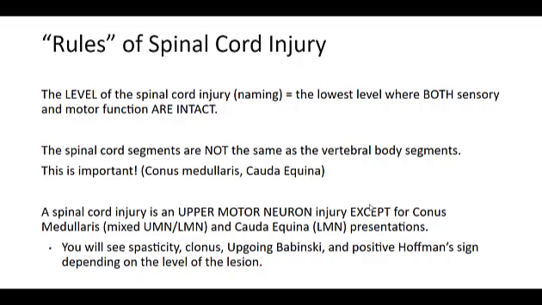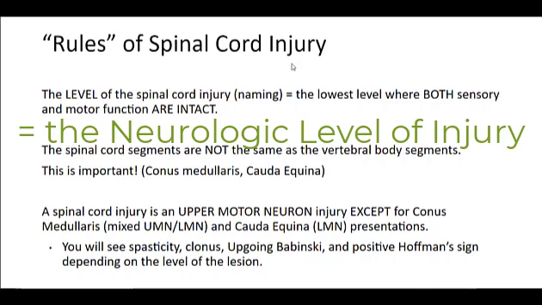So when we think about classifying a spinal cord injury, the level of the spinal cord injury, the way that we name it, is the lowest level where both the sensory and the motor function are intact. So the neurologic level of injury is the lowest level where both sensory and motor function are intact.